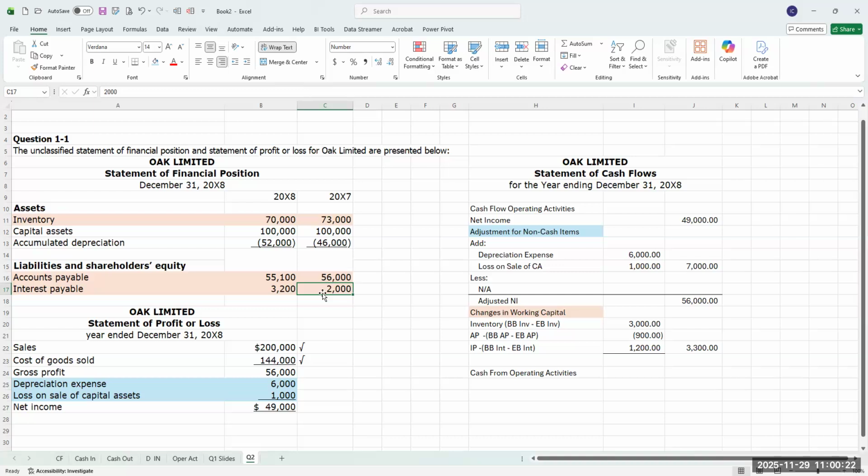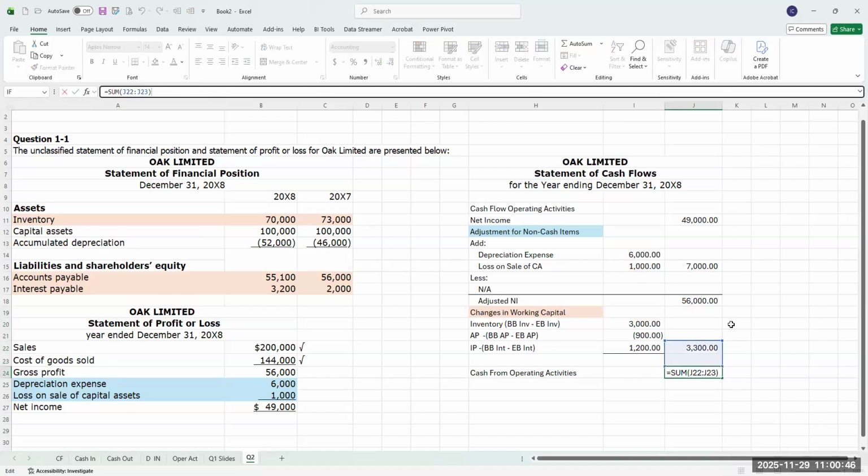So that means $1,200 cash, we have it available sitting in our cash. Because of the working capital changes, we have a positive cash of $3,300.